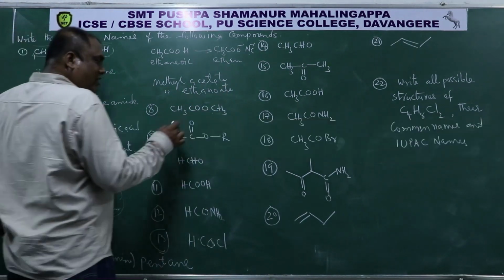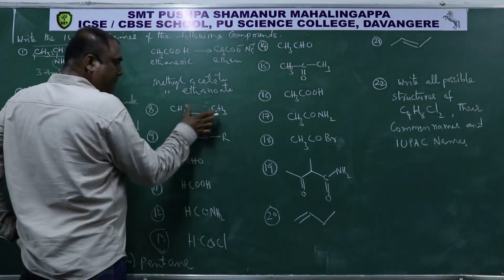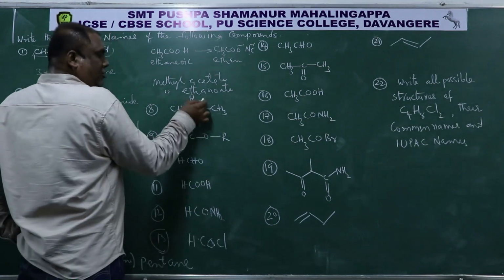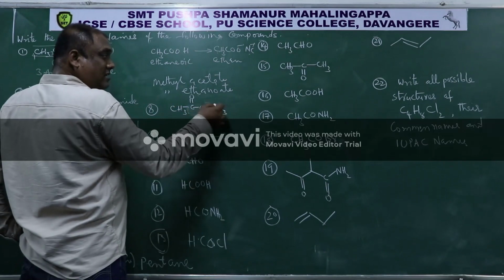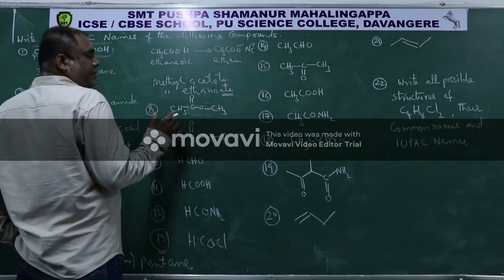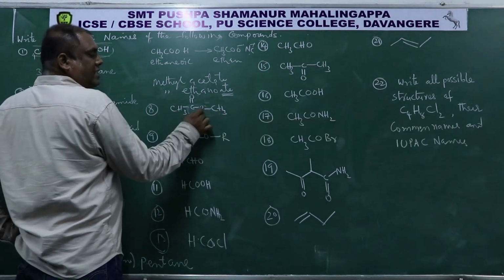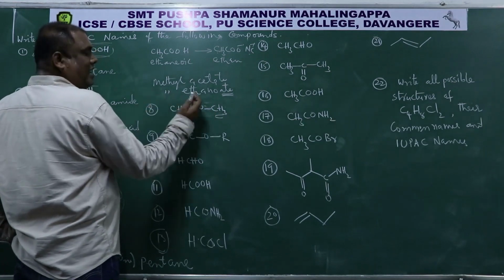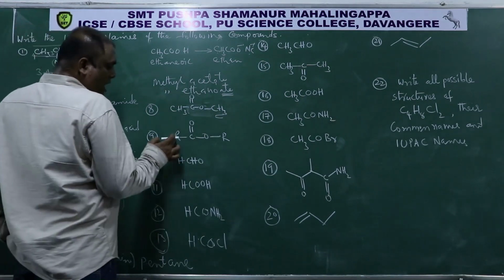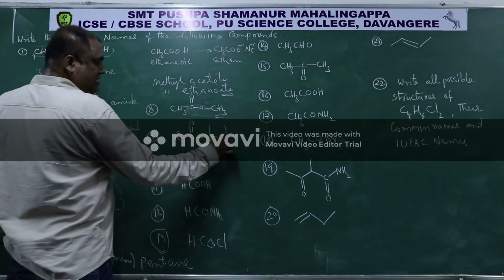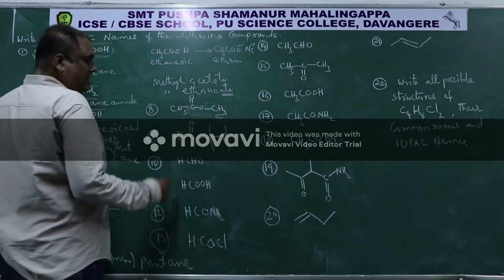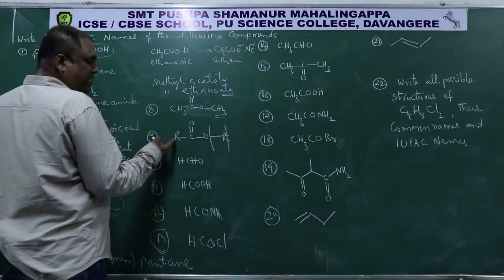So I told you, actually this is the ester functional group. See here, COO, C double bond O. I told you whenever there is COO it is called an ester, and the ester name ends with ate. But how? Always the alkyl group attached to oxygen is the cation, and the remaining part is the anion. The anion is named according to the IUPAC system. If you observe here, RCOOH is the general formula of carboxylic acids. R may be meth, eth, prop, anything.